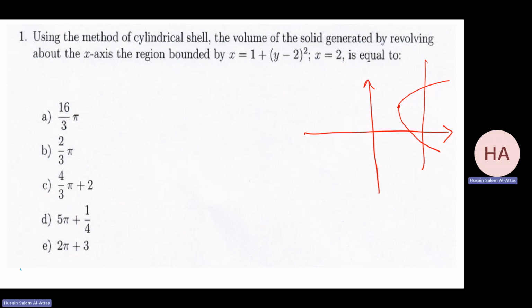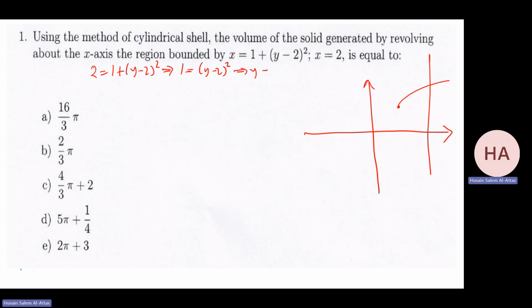Bounded by this? No, wait a minute. And x equals 2. So I need this region. This is my region. Be careful about the graph. Now, where is x equals 2? If x equals 2, I want to find the points of intersection. 2 equals 1 plus (y minus 2) squared. So I have 1 equals (y minus 2) squared.